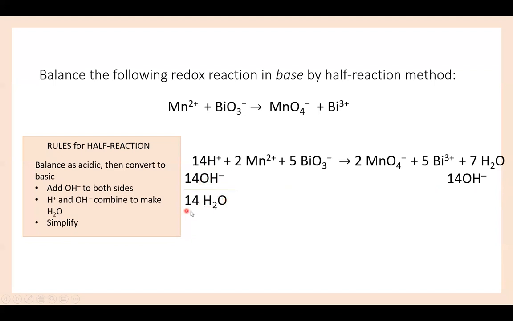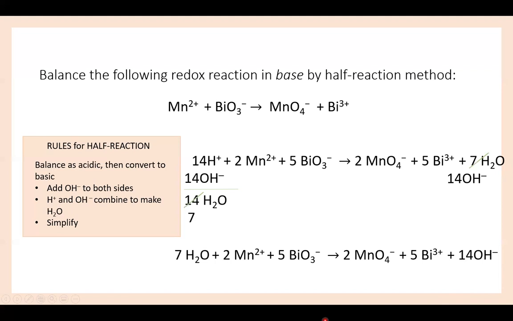So now we have 14 water, which can then be simplified because we have originally 7 water on the product side, right? So we've simplified, we'll rewrite the equation. So it looks like water has flip sides, and now we have hydroxide. So we've balanced the redox reaction in base.